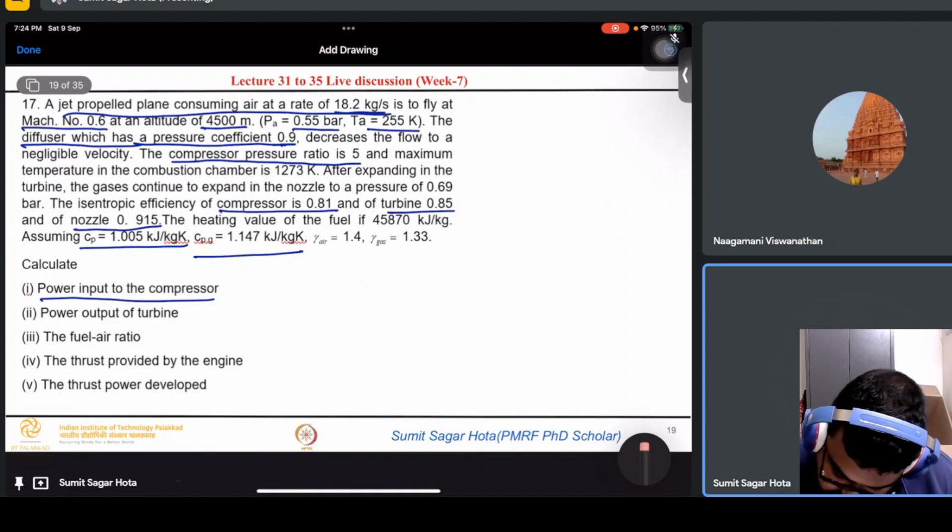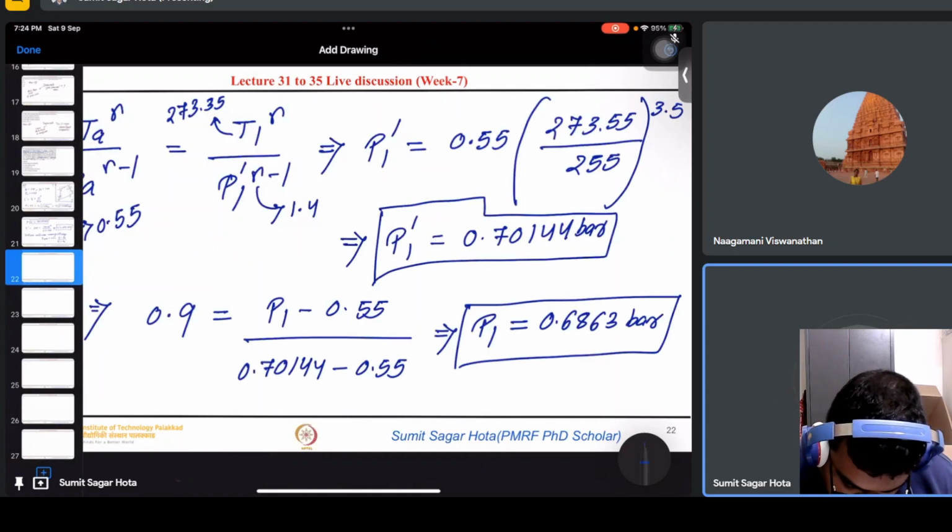So also we can find out fuel-air ratio. Now we need to find out the power output of the turbine. For that only we are doing all this.